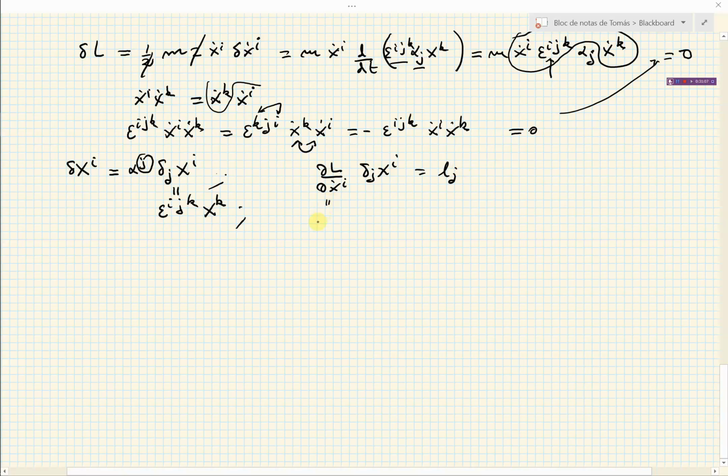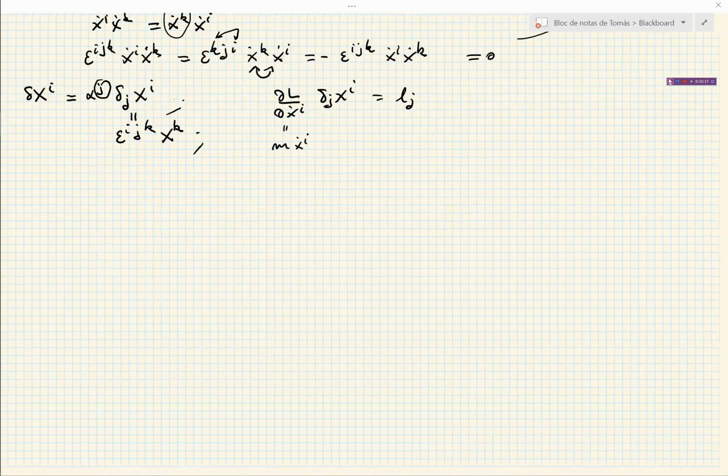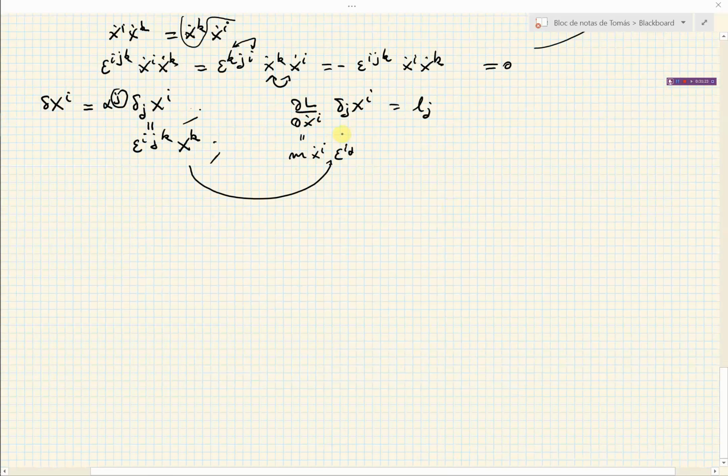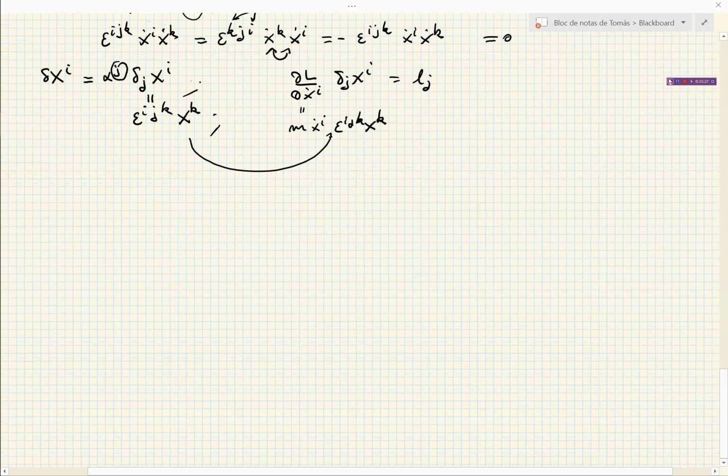So this derivative is just m x dot i, and this is epsilon i j k x k, and this is Lj.